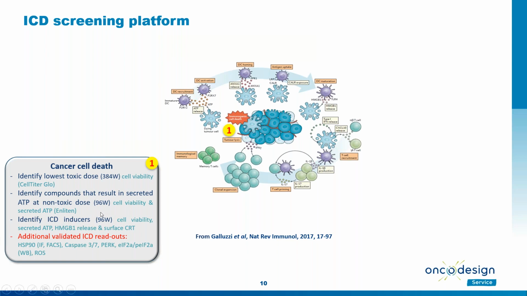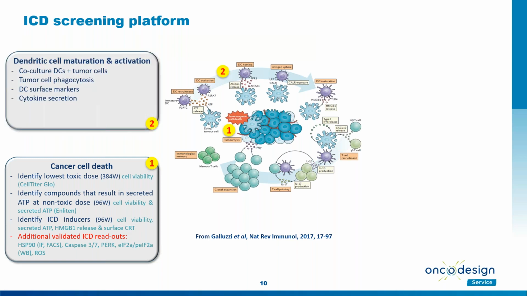Among them, we know that we can measure secreted ATP, release of markers such as HMGB1, or change in the cellular surface, such as occurrence of calreticulin at the cell surface. So those are the first steps where we are testing compounds.